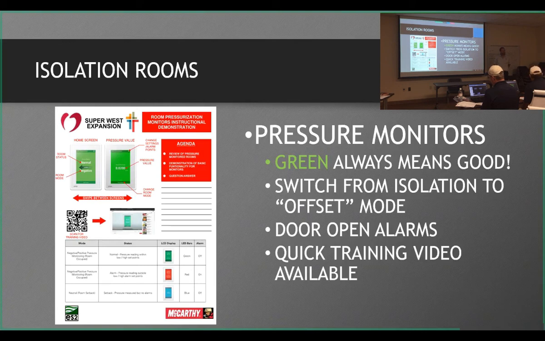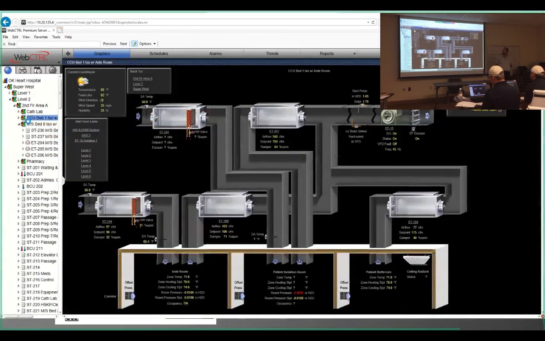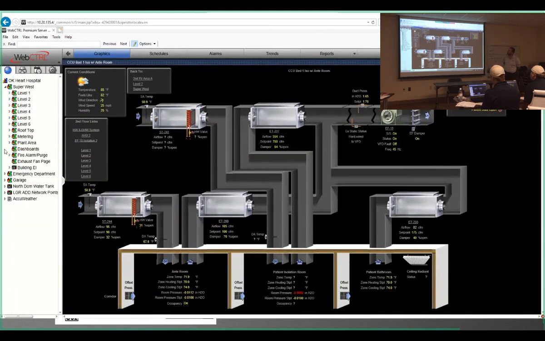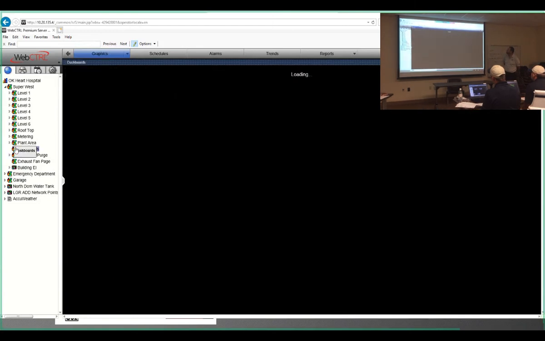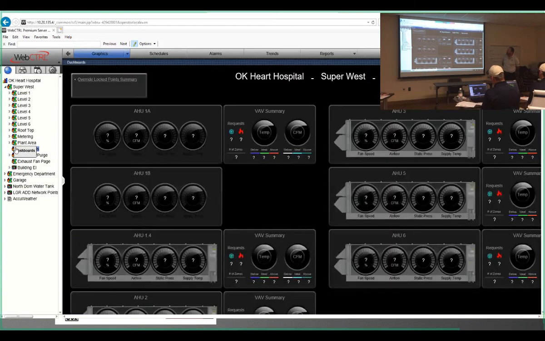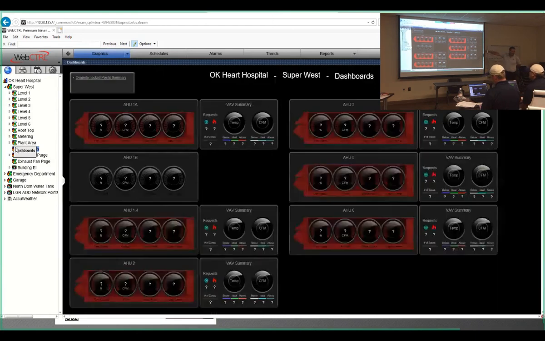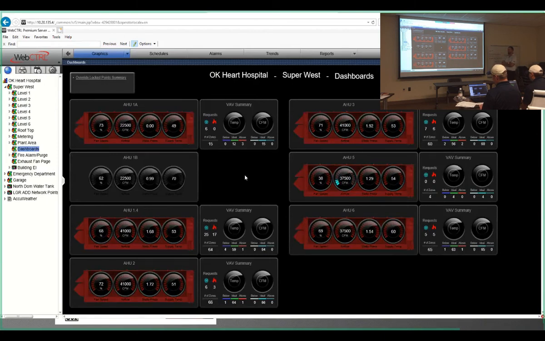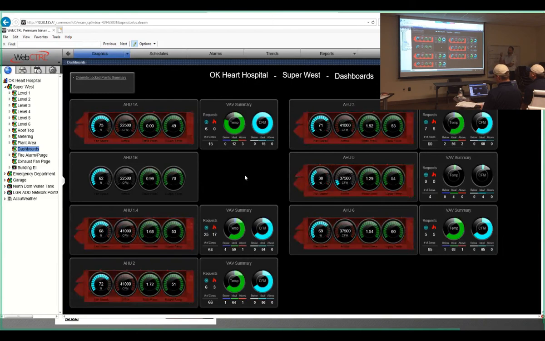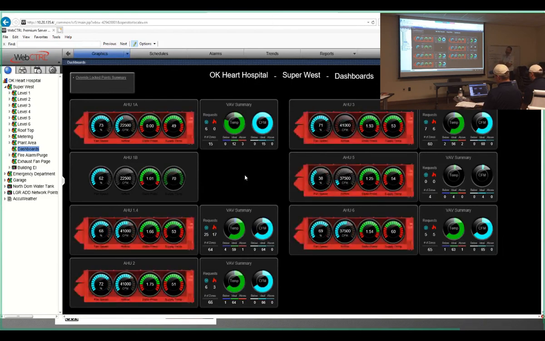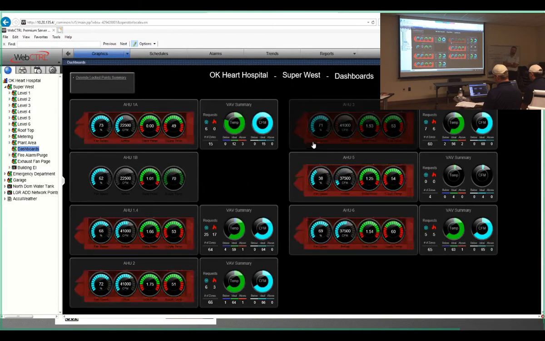Let's jump over to that dashboard real quick. That's something that's intriguing, but it's flashing red. Is that supposed to be flashing red, or is that the long term? You're talking about this big dashboard? Yes. Each one of those air handling units has a little alarm, whether it's pressure or out of bounds.